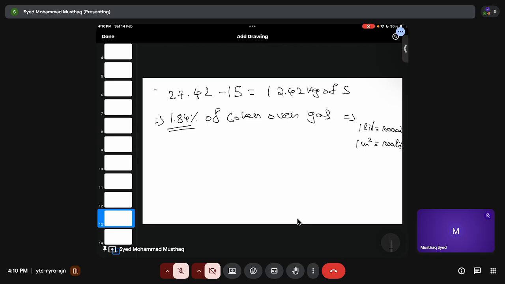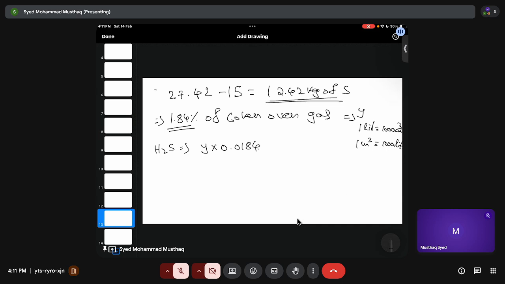Now the amount of coke oven gas will be Y. Then the amount of H2S that has been formed will be Y into 0.0184. Right? So this is the amount of sulfur that is left.